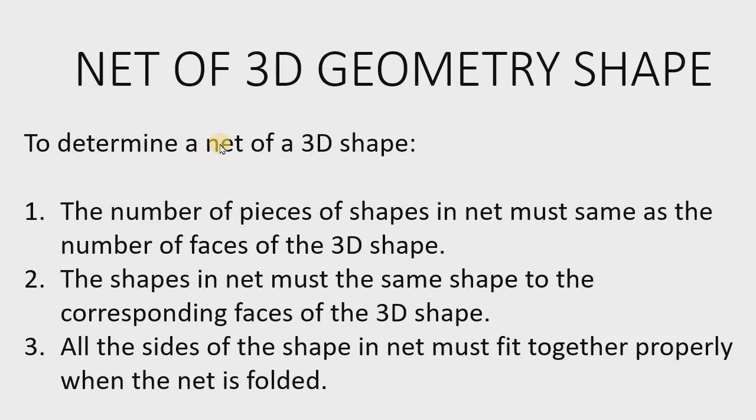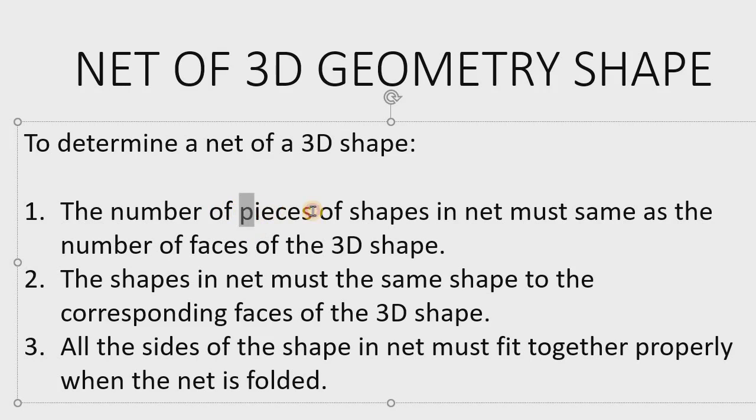So to determine the net for a 3D shape, the number of pieces of shape in the net, that means how many pieces of shape in your net, must always be the same as the number of faces in the 3D shape.